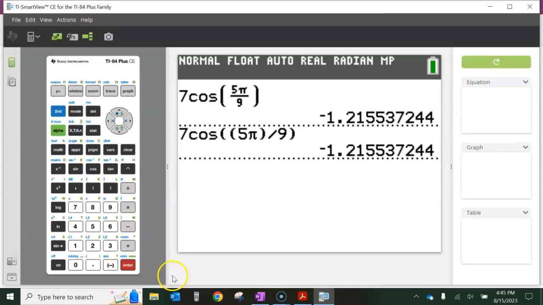And so you see, I can put it in either one of those ways, whichever way you're more comfortable with, whichever way works with the way that you understand your calculator and what you see. Those get me the same value, it's fine. So that gets me negative 1.216.